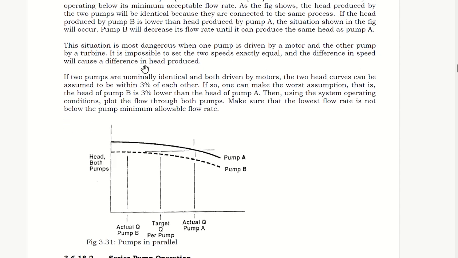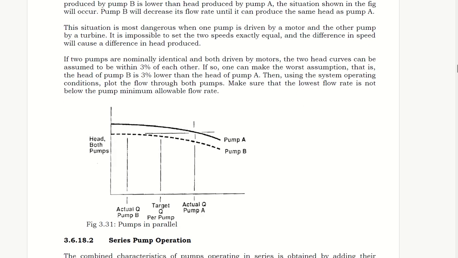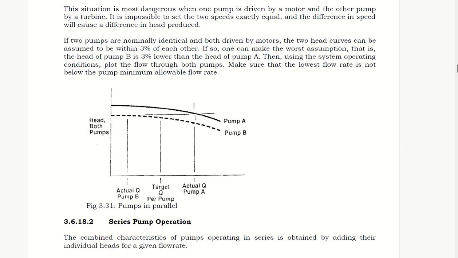If two pumps are normally identical and both driven by motors, the two head curves can be assumed to be within 3% of each other. If so, one can make a worst-case assumption that the head of pump B is 3% lower than the head of pump A. Then, using the system operating condition, plot the flow through both the pumps. Make sure that the lowest flow rate is not below the pump minimum flow rate.